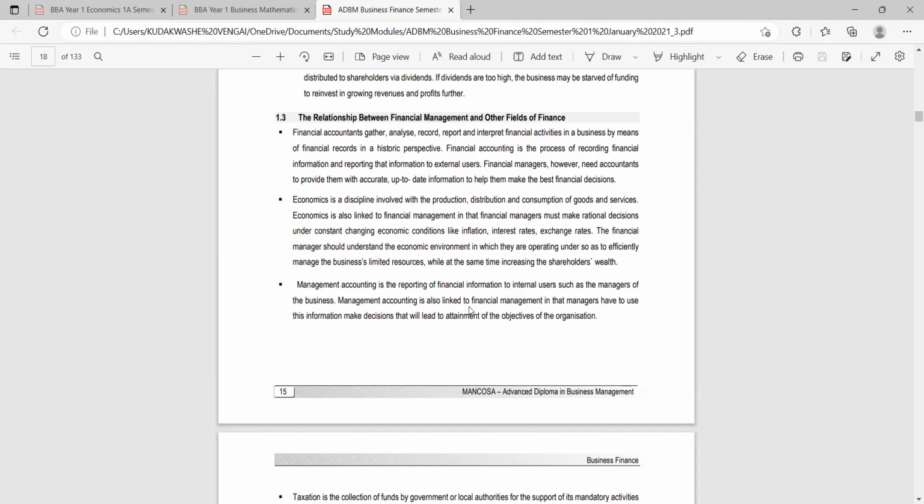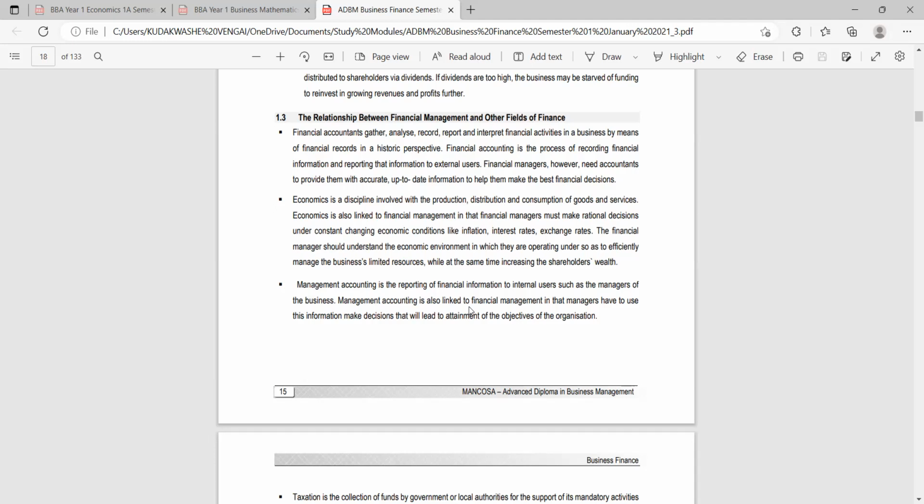Economics now talks a little bit more about the production part. It talks more about how the business, is it efficient or is it not efficient? So you're talking about costs, production, distribution, demand and supply. You're asking yourself as a manager, are we doing enough as a business to survive? Or should we close down our business?